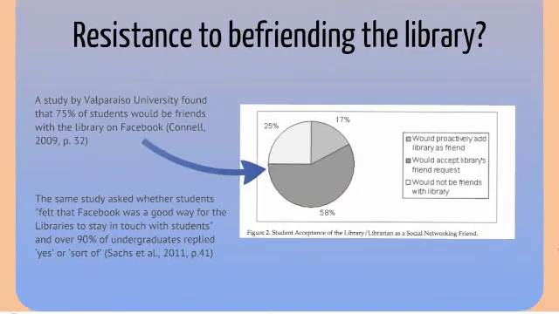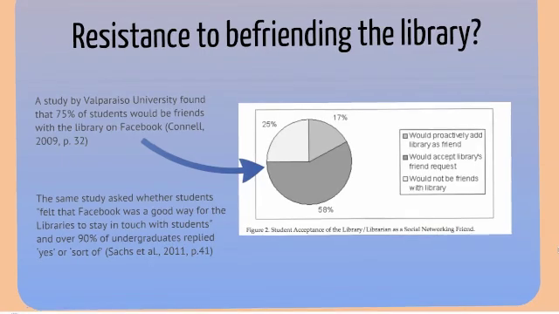In another study by Valparaiso University, they found that 75% of students would be friends with the library on Facebook. Now, the same study asked whether students felt that Facebook was a good way for the libraries to stay in touch with students, and over 90% of undergraduate students replied yes or sort of. So clearly some students do think that it's a good idea for libraries to be on Facebook.